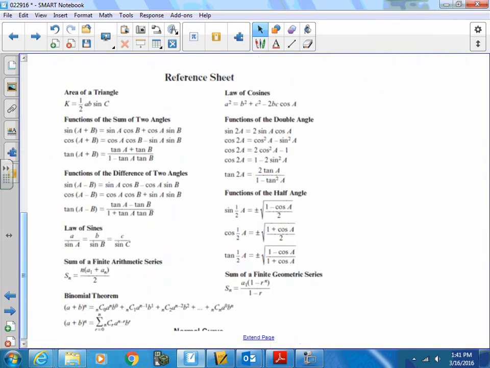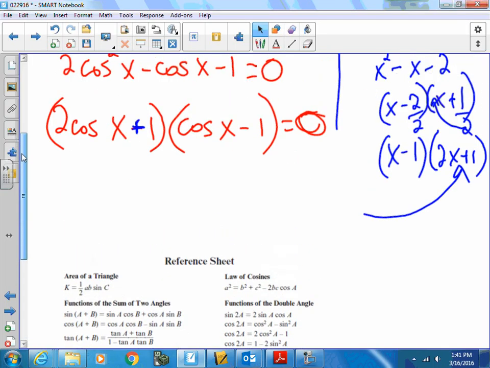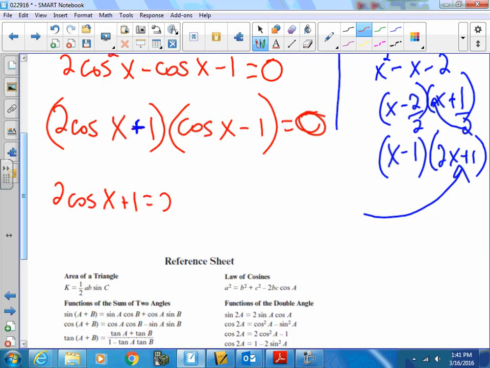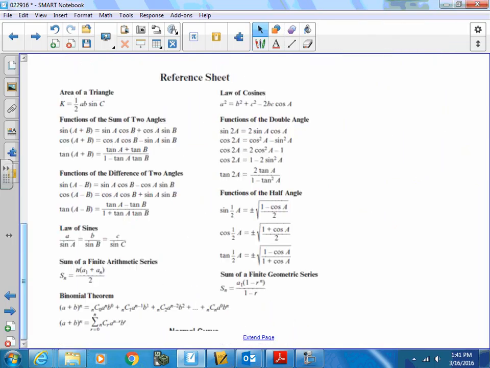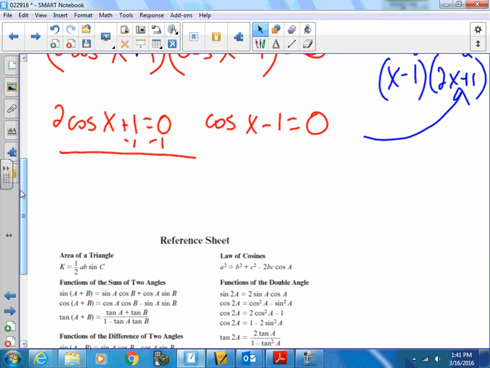All right, now we're going to do the same thing we would do in an equation when we just have x's. We're going to set them both equal to 0. We have 2 cos of x plus 1 is equal to 0, and cosine of x minus 1 is equal to 0. Now we're going to get cosine of x all by itself. We subtract 1 here and end up with 2 cosine of x is equal to negative 1.